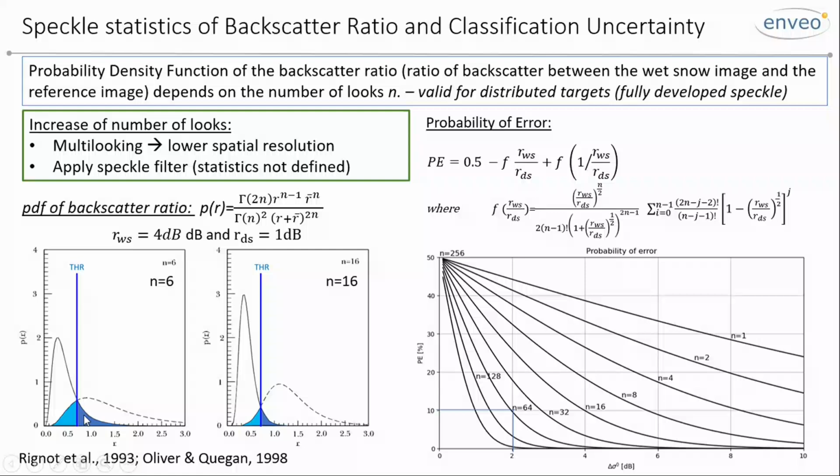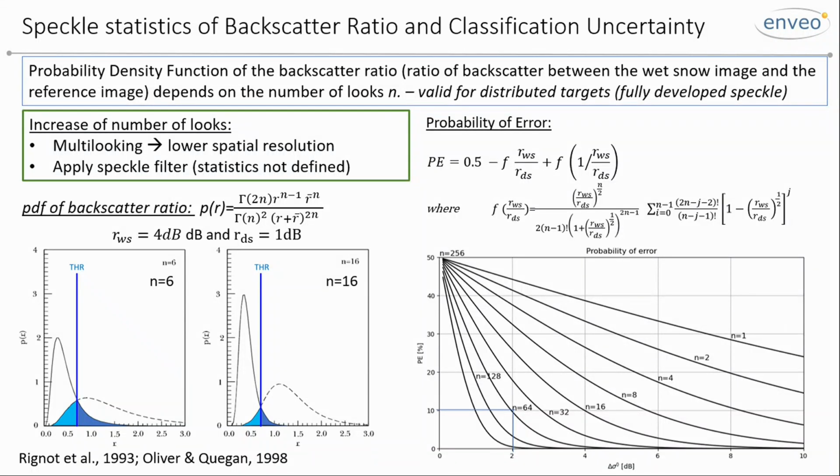So something that belongs to this class is, by the threshold, moved to that class. And you cannot avoid this. The only thing you can do is increase the number of looks. With 16 looks, you have only a smaller part. So the aim is to go up with the number of looks. And this is a kind of trade-off.